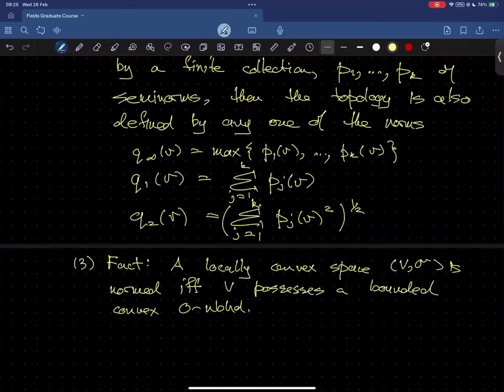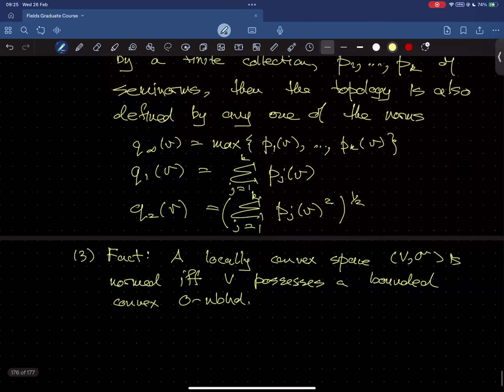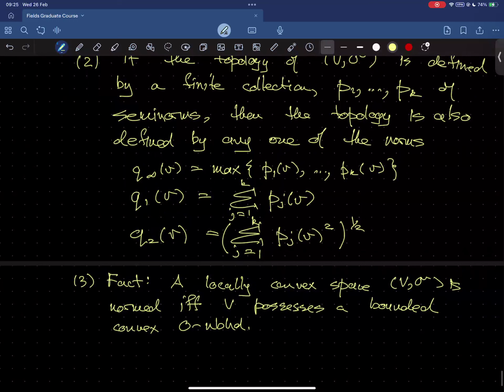Certainly, if it's normed, it possesses a bounded convex zero neighborhood, namely the unit ball in the norm. So that one implication of that if and only if is clear.